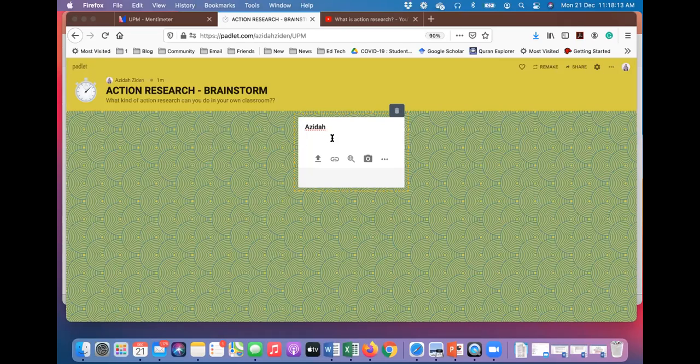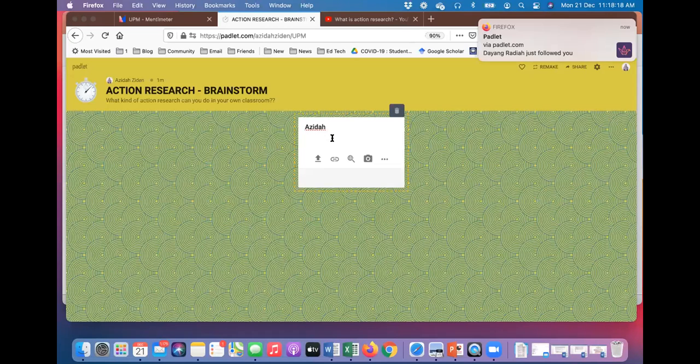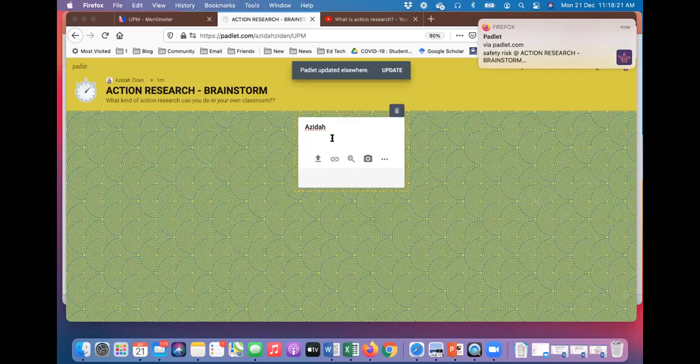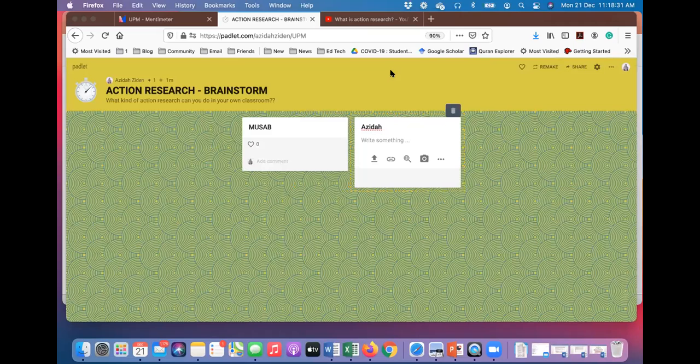Think for 2-3 minutes. Imagine you are teaching in your class. Okay. You are teaching in your class. Try to think of what you have done before that you can do. Okay, just simple things. Because action research is very simple.